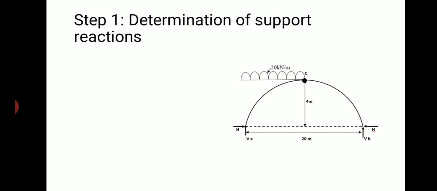VA and VB are the two vertical reactions at A and B, and H is the horizontal reaction at both A and B. In order to find the support reactions, I am going to apply the equilibrium conditions.